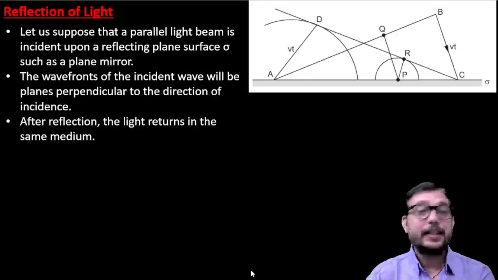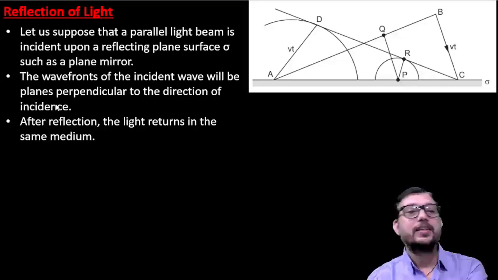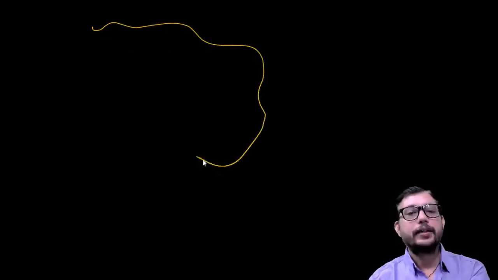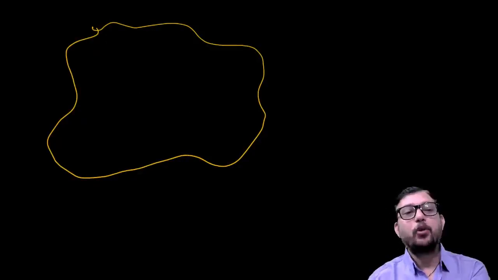There are some basic points of the Huygens principle. What are those points? Let's suppose this is your pond, like this way, and in that pond you throw a pebble.